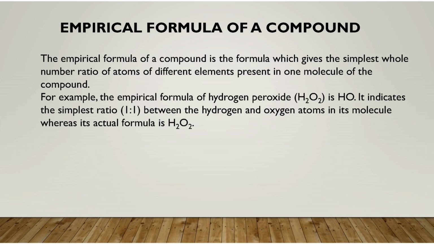Just divide the values: C6H12O6, 6 twos are 12, so 1:2:1 is the empirical formula. So it gives the simplest ratio between the atoms in its molecule. So the empirical formula is very simple. There is nothing to it. It gives the simplest ratio, and I have explained it with two examples.